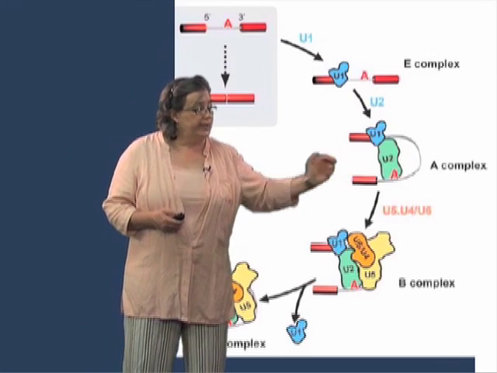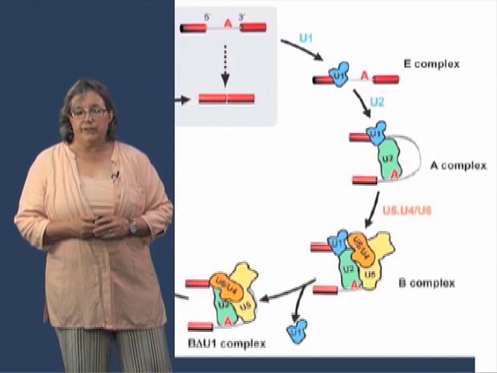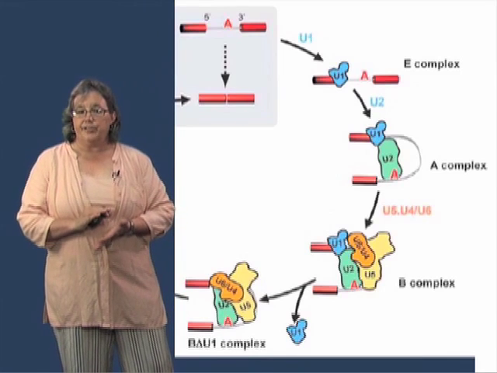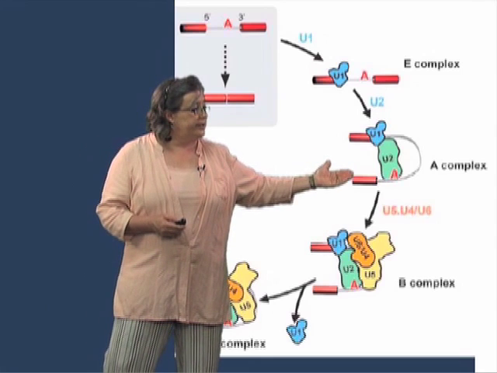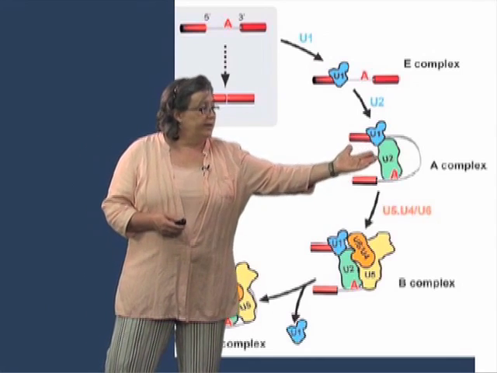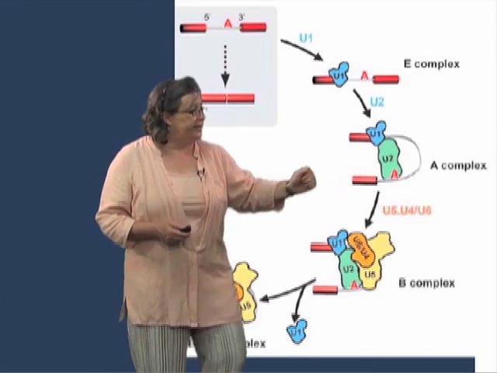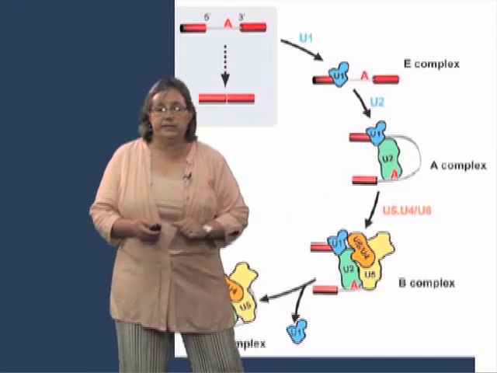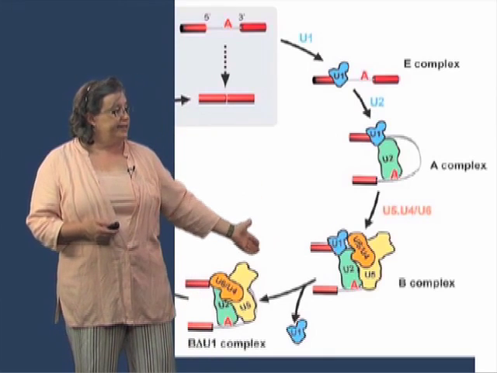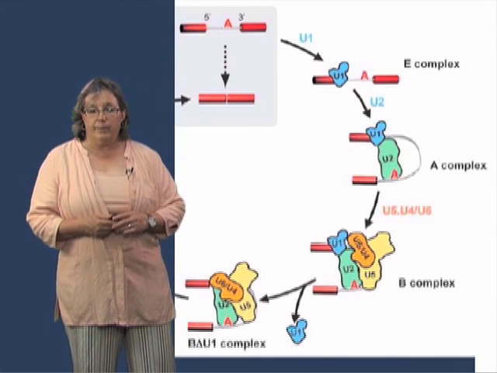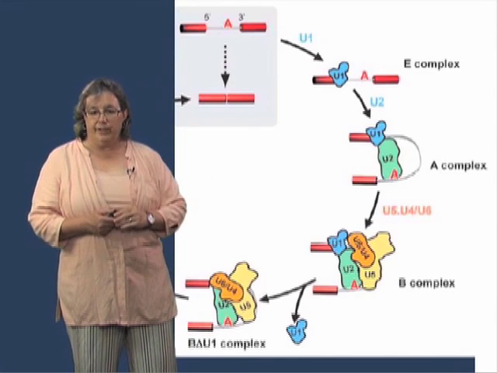Similarly, U2 snRNA base pairs with and recognizes the branch site consensus sequence. And U2 snRNA, when it joins the U1 snRNA, forms A complex. E complex stands for early complex, and then A, B, and C, as we'll see in a minute, were just named by where they ran on a gel.